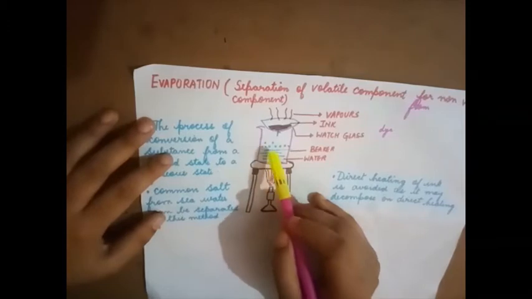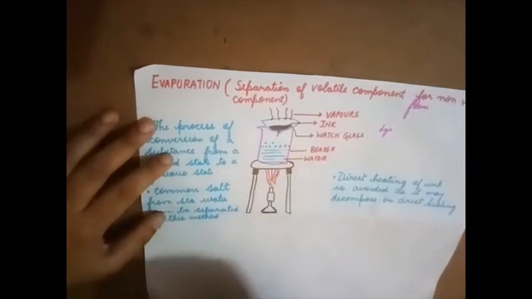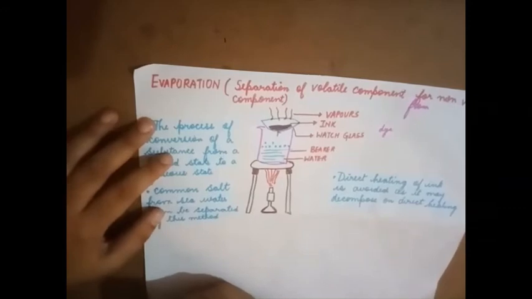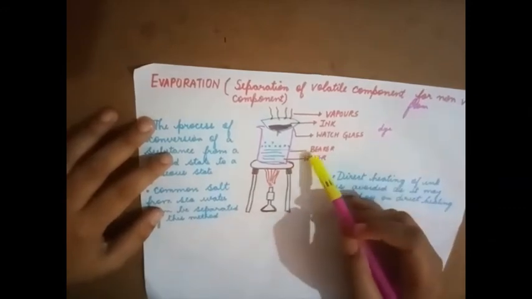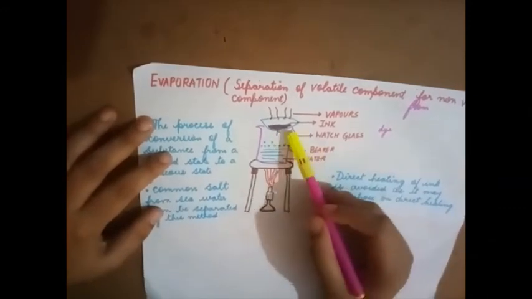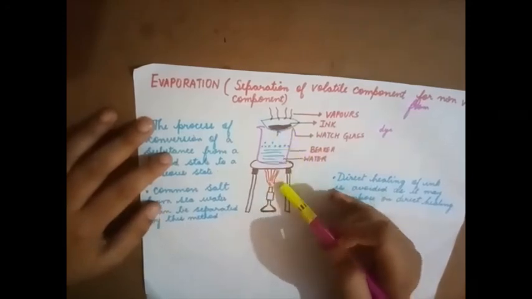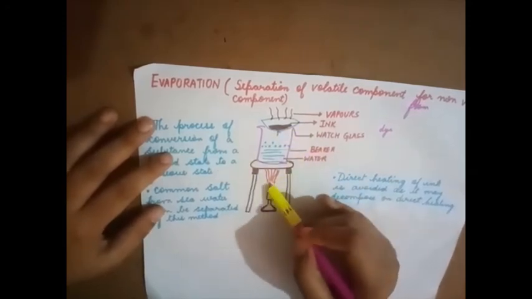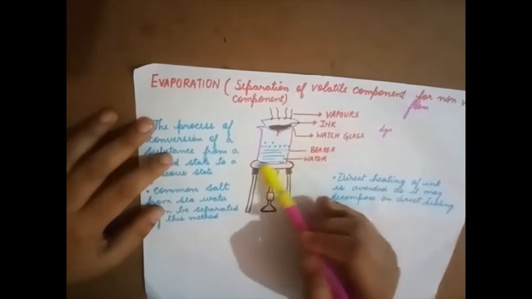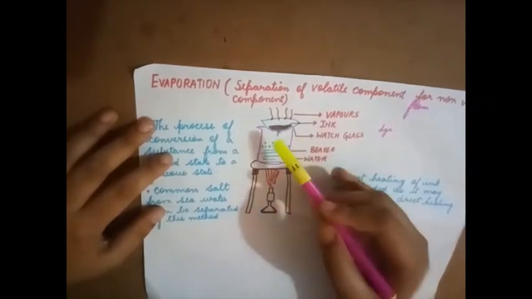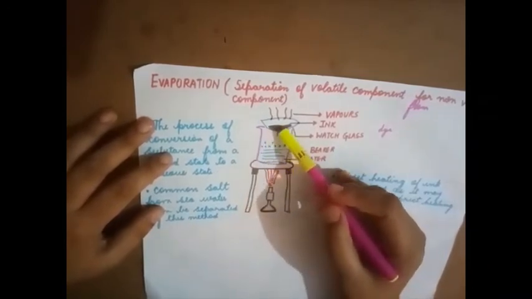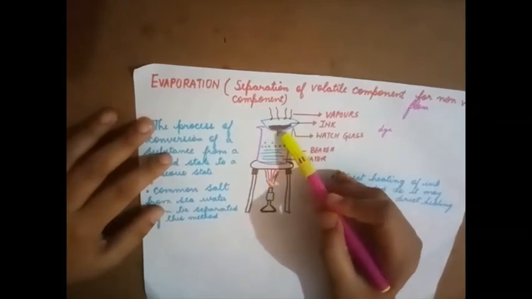If you notice, first we are taking the beaker in the water and then slowly we are supplying the heat. We are not directly heating it. And the aim of this experiment is to separate the dye from the ink. Now, as we are supplying the heat to this particular beaker, we see that the energy is slowly being transferred to the watch glass.